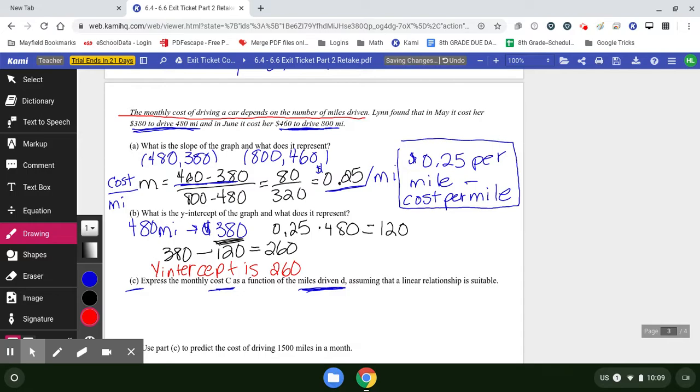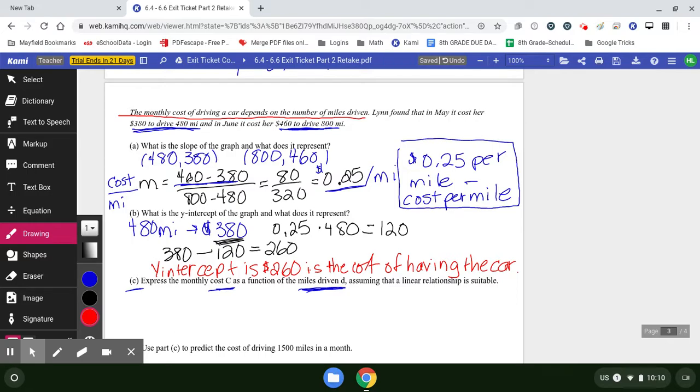So the y-intercept is 260, and that's going to be the one-time cost of the car, or just the cost of having the car. It's the cost for 1 month. It could be your car payment. You could write it as that.